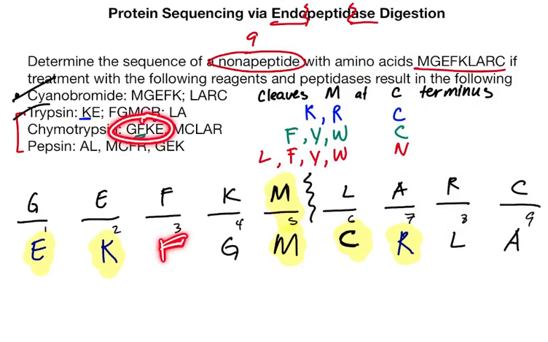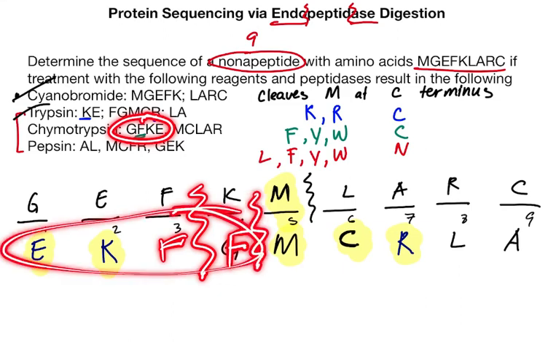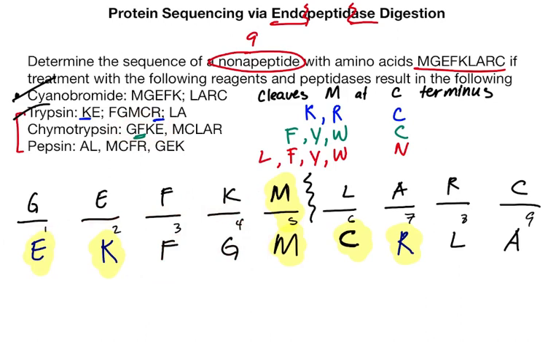So if it's going to form a tetrapeptide, it can't be over there, right? It has to be over here. Why? Because if you cleave it here, you're going to form a tetrapeptide. Therefore, we know that phenylalanine should be over here and glycine should be over here, right?